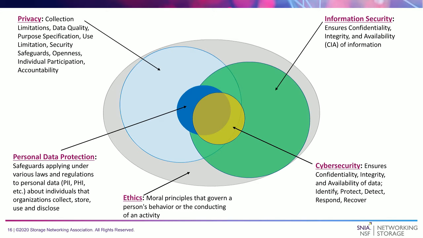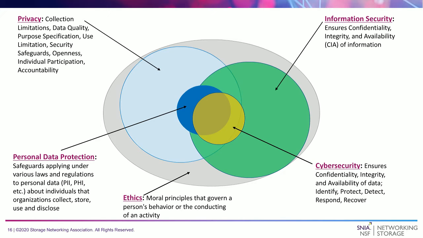Okay, so what we've attempted to do here is show you how many of these things come together. The outer ring is basically ethics, think of that as what you should or shouldn't be doing, sort of a moral kind of thing.